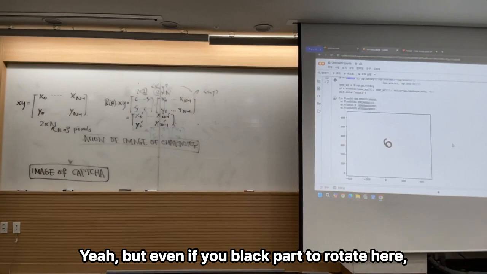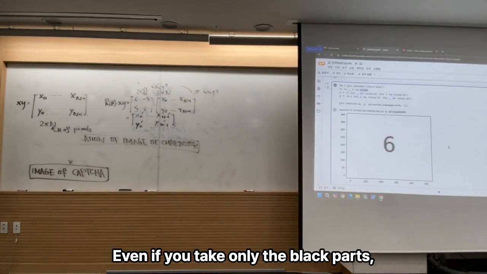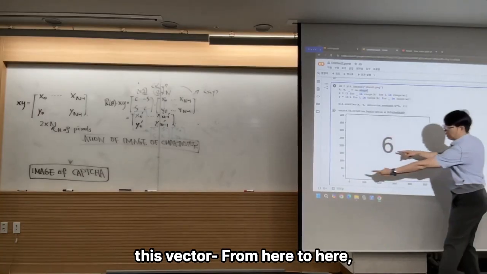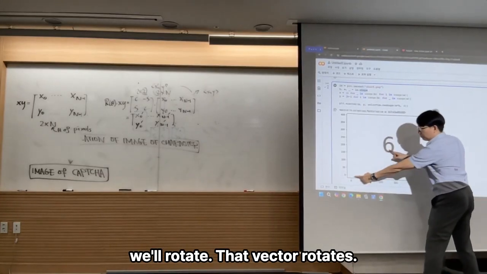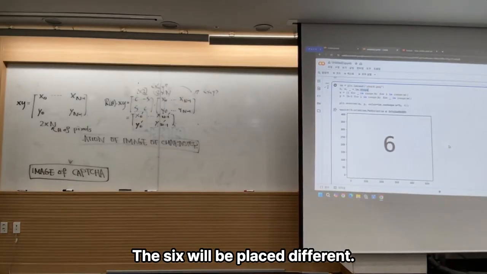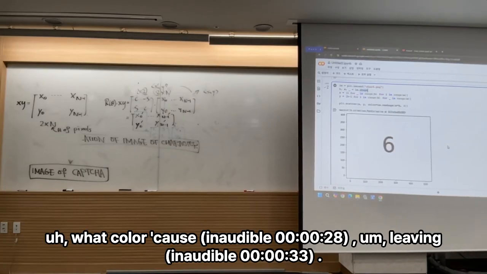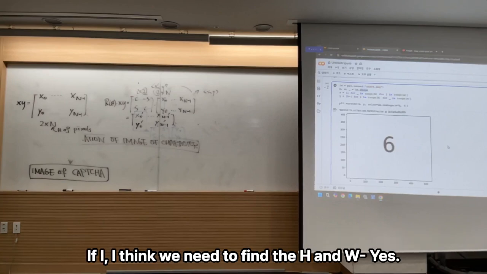Yeah, but even if you take only the black parts, the vector from here to here will rotate. That vector rotates, so the 6 will be placed differently. Yeah. Find the height and width of the black color, as it said earlier, and maybe in code we can get it. I think we need to find the H and W. Yes.